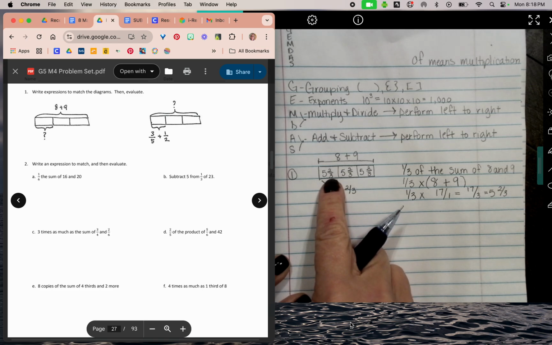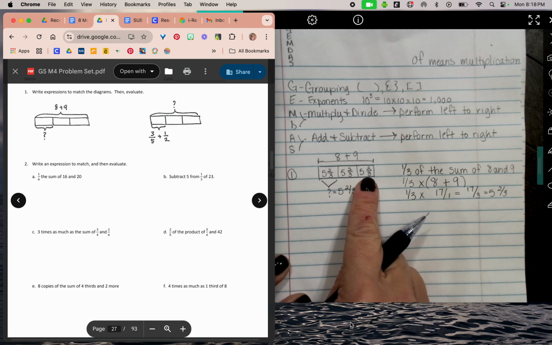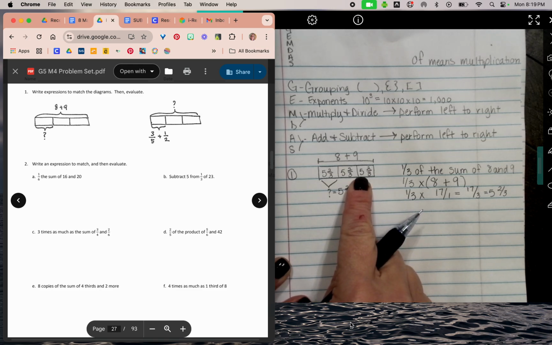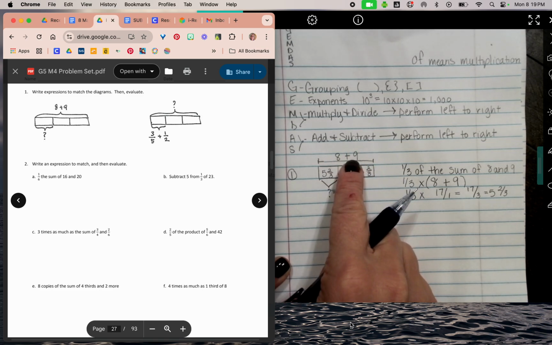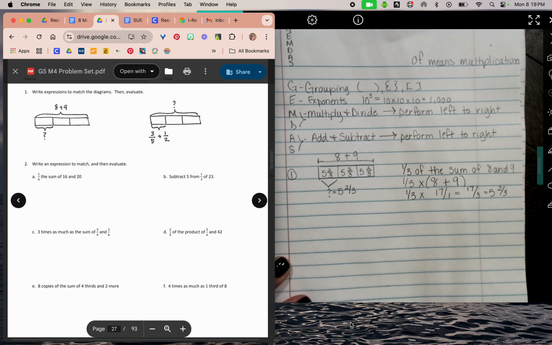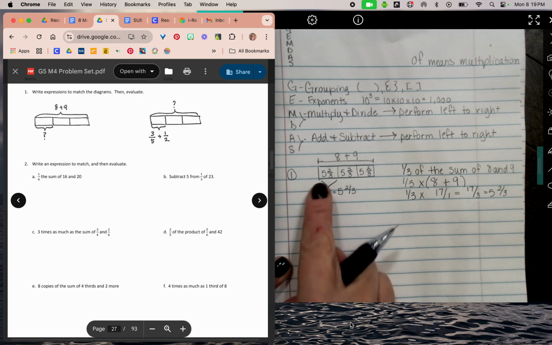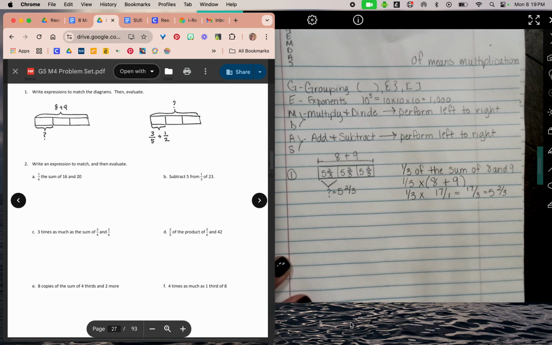Then I have 2/3, 4/3, and 6/3. 6/3 is also equivalent to 2 wholes. So I have 2 wholes plus 15 for my 3 groups of 5. That gives me 17. And then when I look up here, 8 plus 9 is equal to 17. So yes, 5 2/3 makes a correct answer.